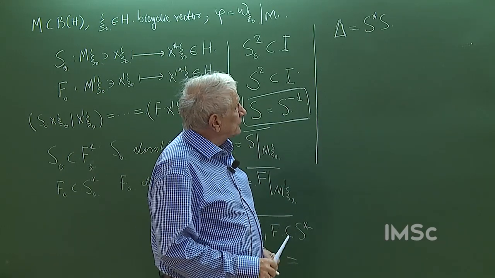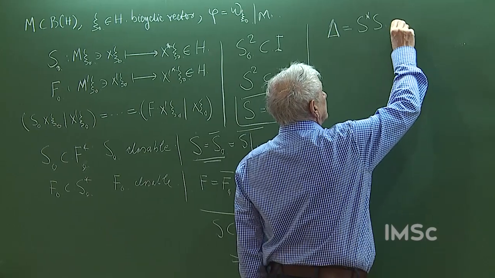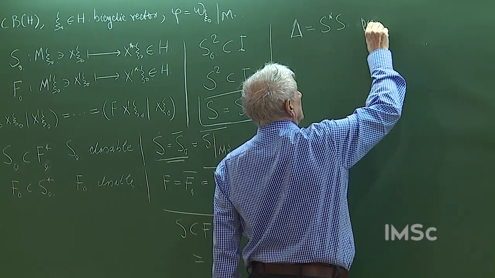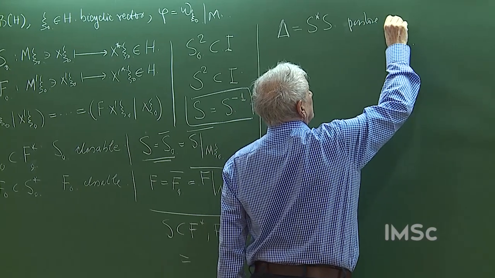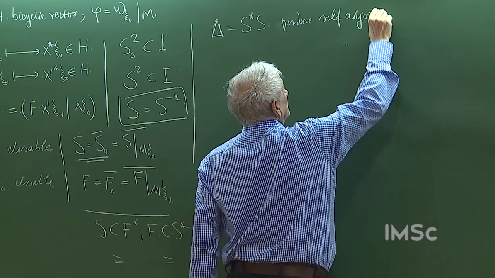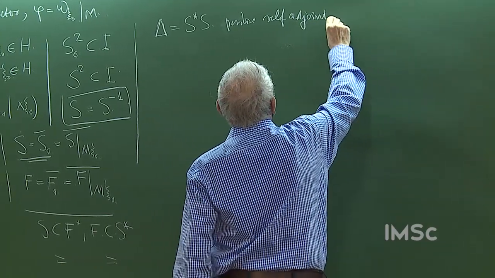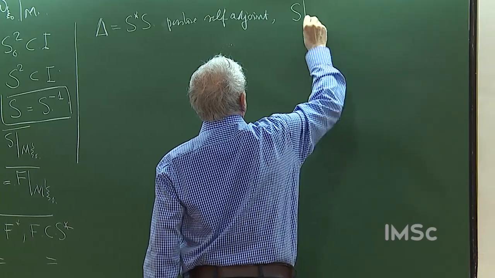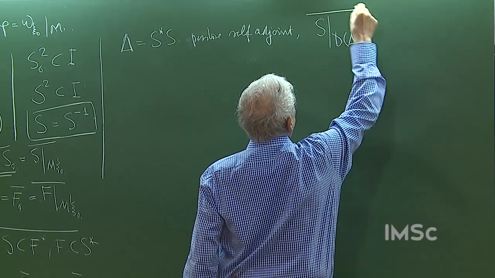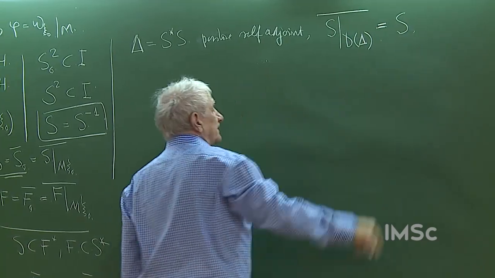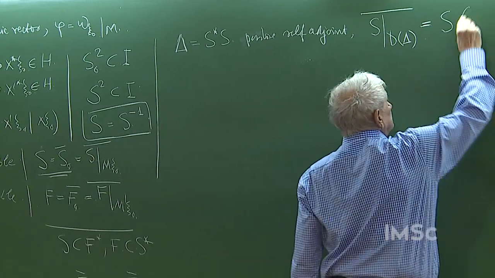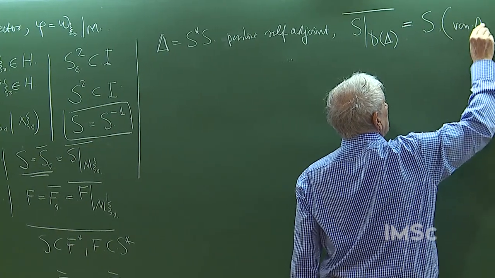And by a theorem of von Neumann, this is a positive self-adjoint operator, and S is recovered by its restriction to the domain of Δ. So I put von Neumann here.